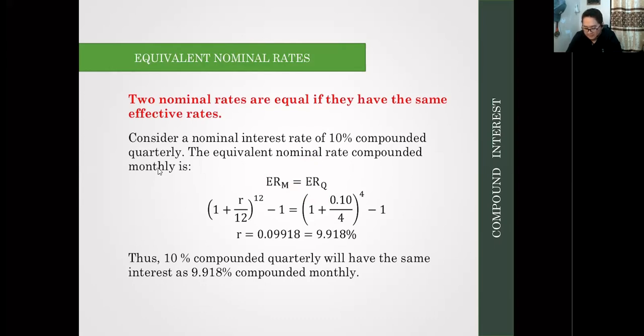Upon calculation, the 1 cancels out, then it is just simplification. We reach a value of R of 9.918%. So, the 10% compounded quarterly is equivalent to 9.918% in monthly. The future value for both cases will be the same because the interest will be the same.